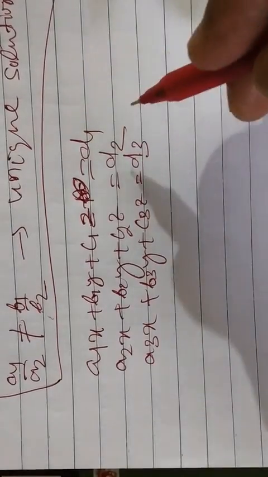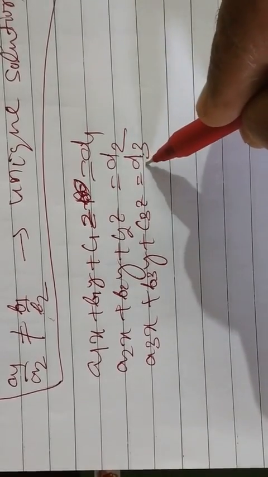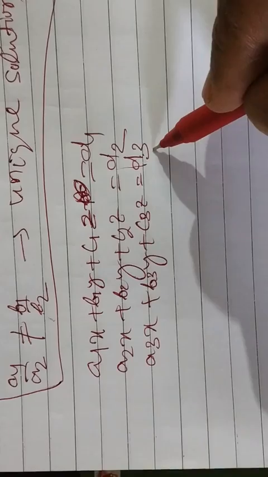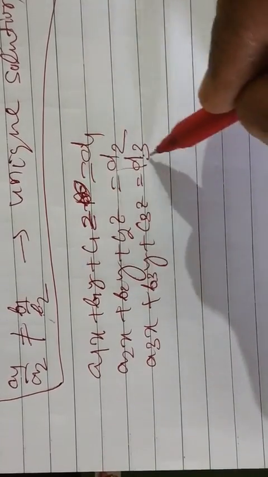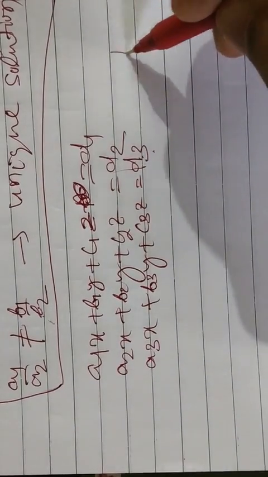And when d1, d2, d3 are all 0, that means on the right side the constants are 0, then we call the system homogeneous.